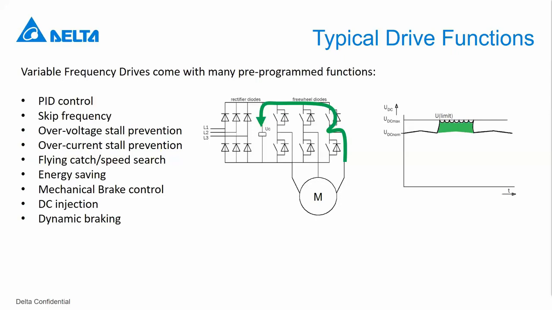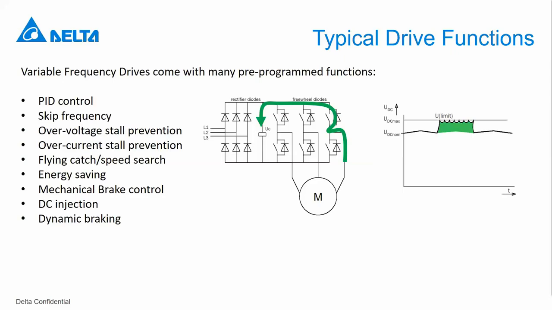So what usually happens is that all that energy will just go directly onto the drive's capacitors. This means that the DC voltage will increase, and the drive has a protection function to just automatically trip to disconnect from the motor when the DC bus voltage reaches 820 volts.